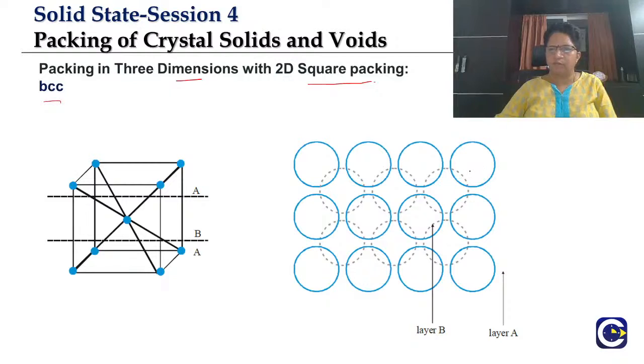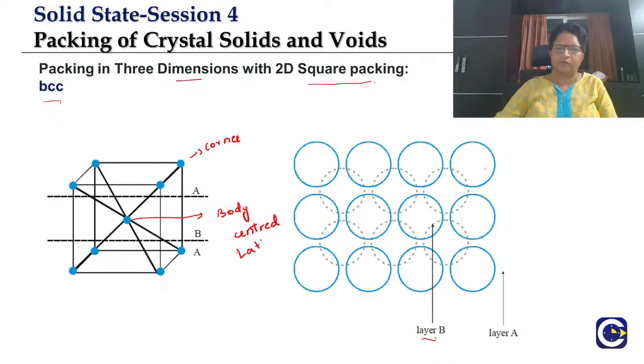When this blue color is one layer, in between the spaces we are trying to put another layer called B. Fine, the broken line indicates the layer B. Can you see the difference? This is A, this is B, 2 different layers. They have shown it here. This is the corner, and this is the body centered lattice point.